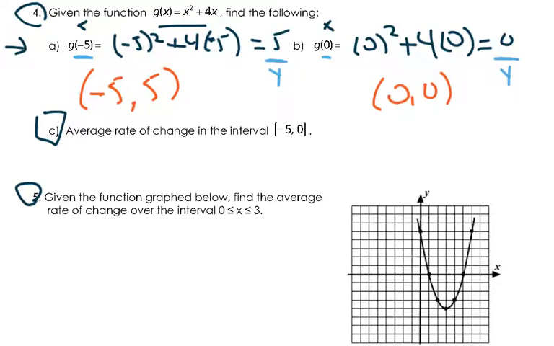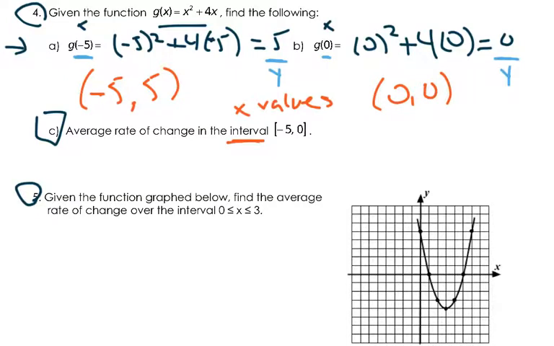C is saying what's the average rate of change for the interval of negative 5 to 0. Remember, interval is talking about the x values. So they're asking, what is the average rate of change between negative 5 and 0?